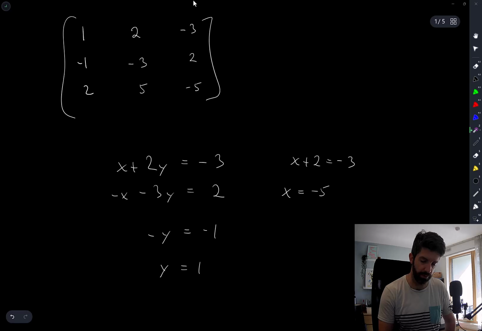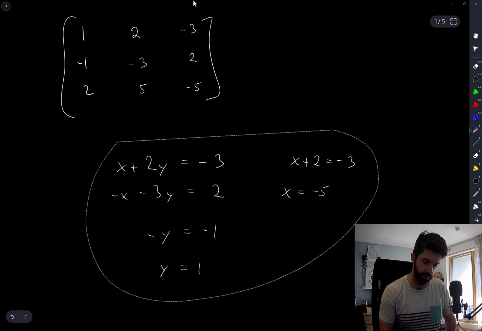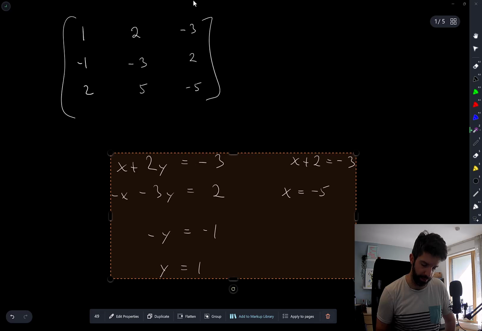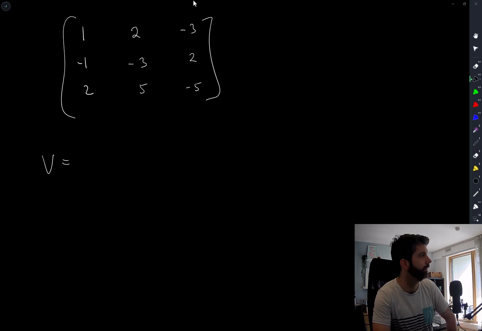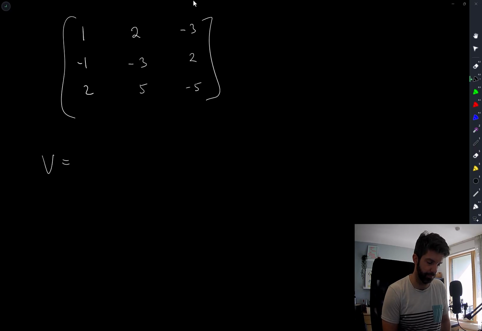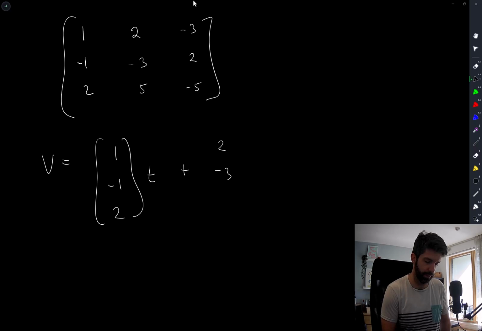So there is another redundancy. This means I need only two of the columns because the third one is a linear combination. So the column space is 1, -1, 2 times t plus 2, -3, 5 times s.